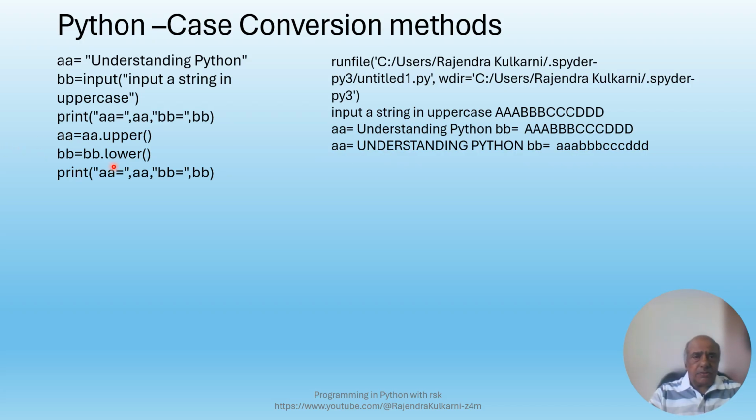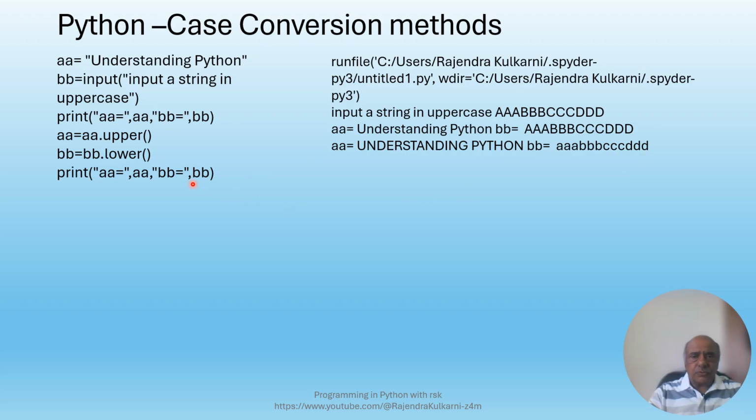In the same way, we are converting BB, the random input which we have given, to lowercase. So now BB, instead of pointing to the object AAA, BBB, CCC, DDD in uppercase, starts pointing to a different object, which is lowercase aaa, bbb, ccc, ddd.